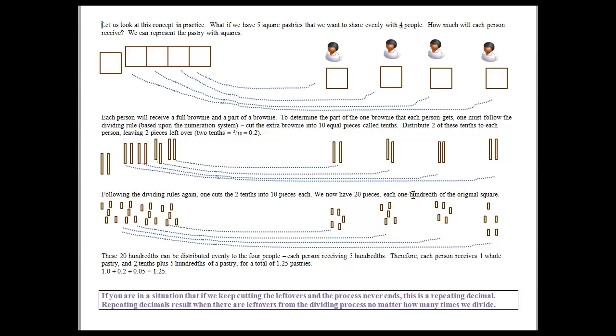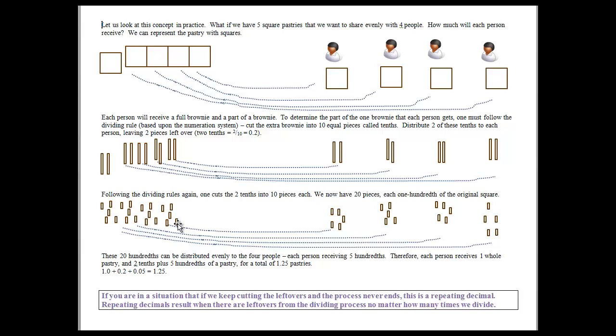Now we've moved over another decimal place, and each of those pieces represents 1/100th of the original square. So now we have 20 pieces, and what we can do is distribute evenly 5/100ths. Each of these little squares now represents hundredths.